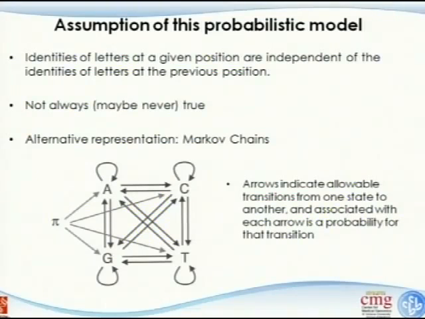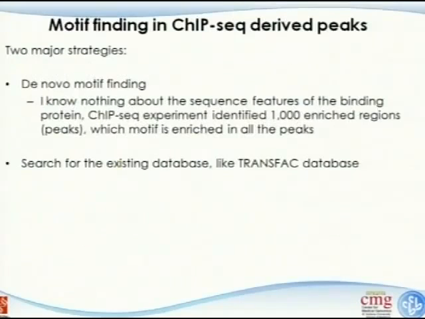If the first letter is A, the second is G. If the first is C, the second has a 20% chance to be G, 80% to be T, or things like that. So there is some research effort to look for this probability model of transcription factors based on this Markov chain. The only thing on top of the previous model we talked about is that it doesn't assume independence between the different letters.